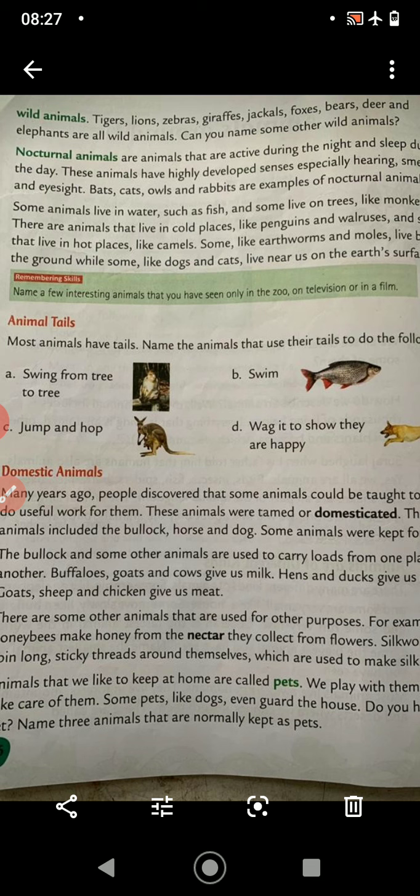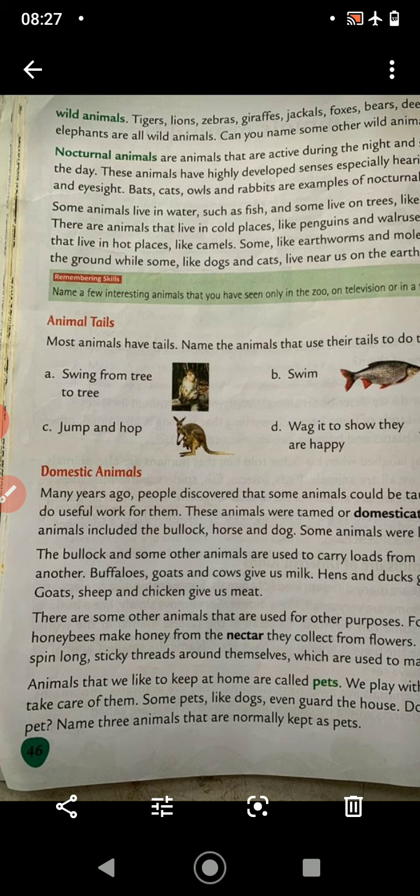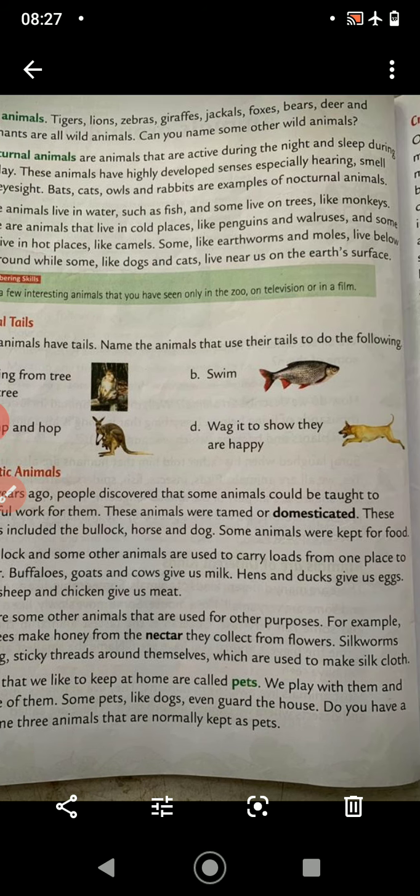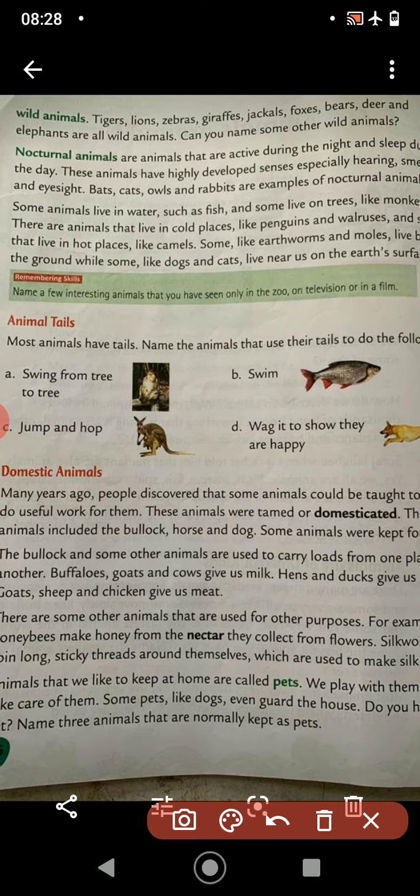They are active during the night, and they sleep during the day. These animals have highly developed senses, especially hearing, smell and eyesight. Bats, cats, owls and rabbits are the examples of nocturnal animals. Please underline.